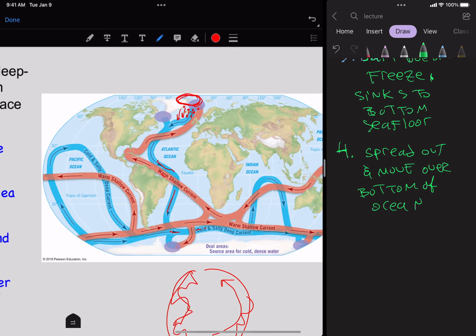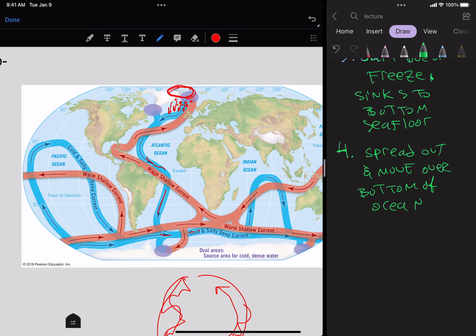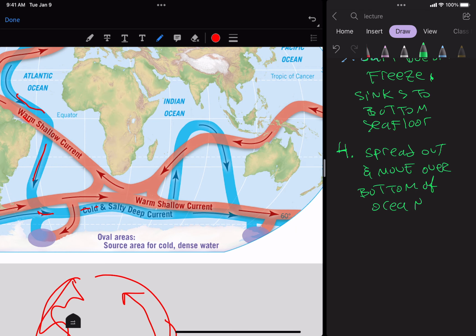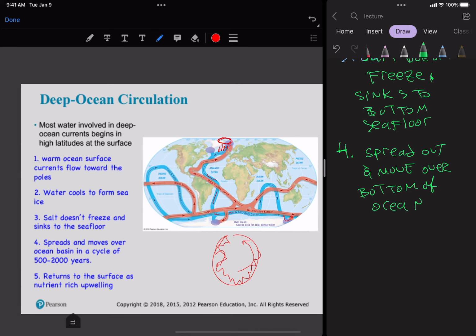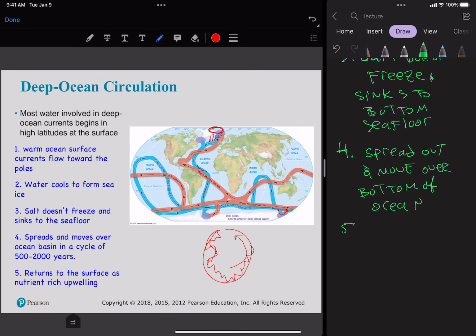There'll be a point where the water starts at the bottom of the ocean, and you can kind of see it up here. It'll rise back up to the surface as upwelling. So let's see what else here. The path that this ocean current can take can take between 500 to 2,000 years to complete the cycle.